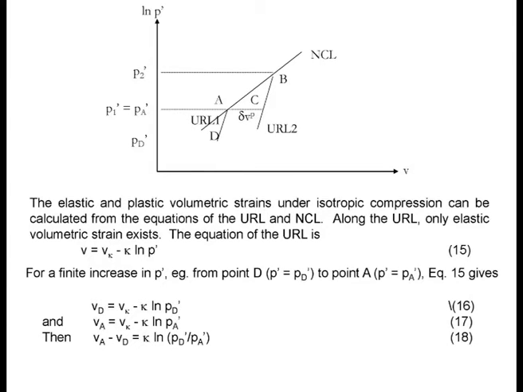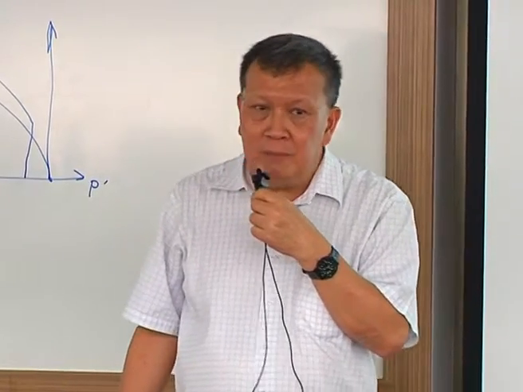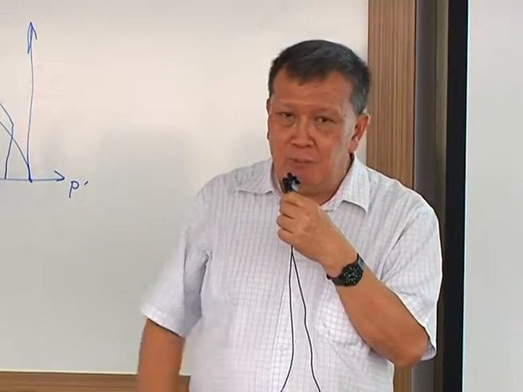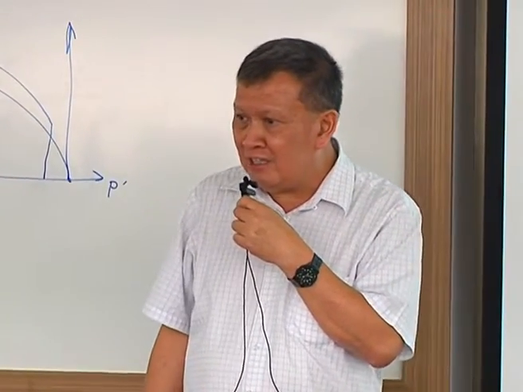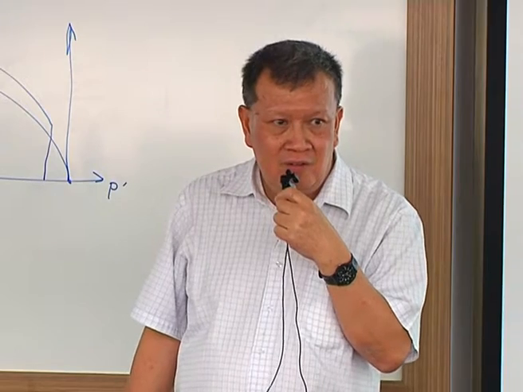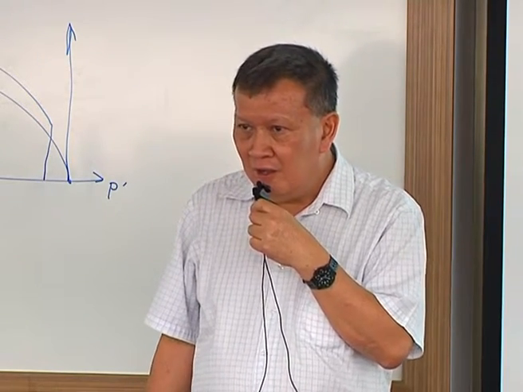Okay, so kappa is actually a swelling index or recompression index, but on a natural log scale. Is it okay? On a natural log scale. Follow? So basically your bulk modulus is inversely proportional to the swelling index and the recompression index.